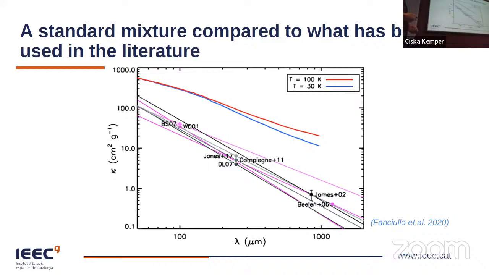And then you get these 2 lines. So this temperature dependence is still there. And these various lines here, again, are typical power laws that people have used in various studies. Here again is the James et al. value, which is very commonly used.